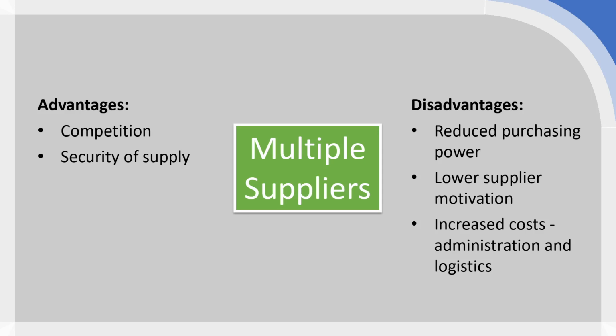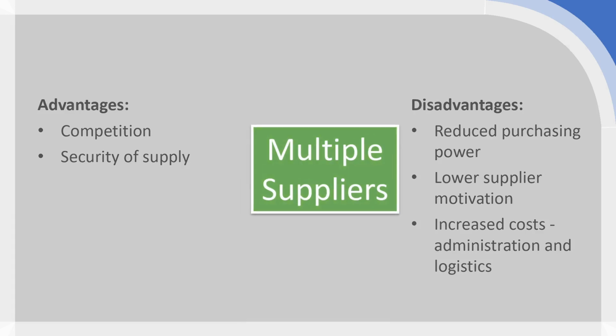So that will result in a situation where there has to be a compelling reason, again, either the security of the supply or trying to encourage competitive forces within the marketplace, to actually go for multiple suppliers. Otherwise, it will result in, generally speaking, higher costs due to reduced purchasing power, issues with supplier motivation, and those coordination and administration costs.